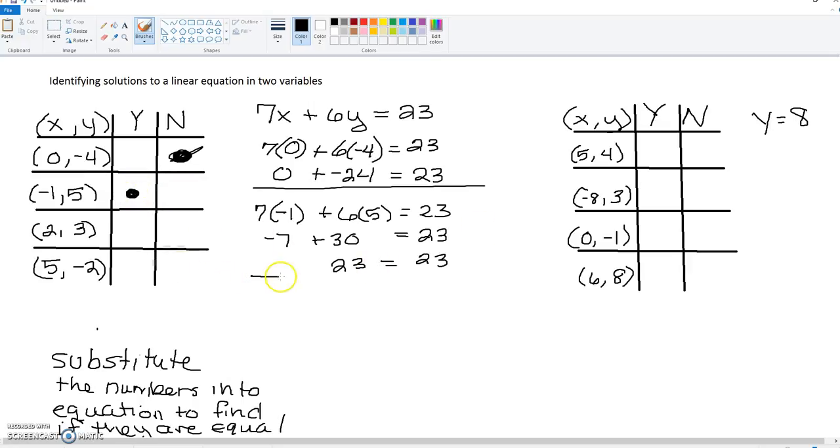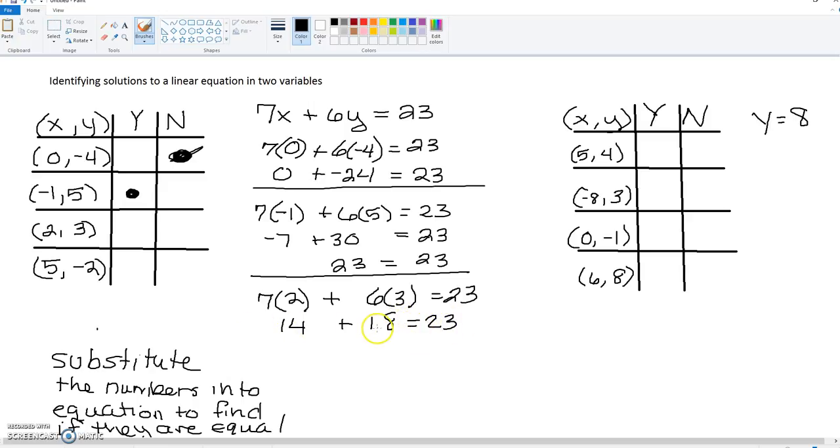Okay, our next one we've got is 7 times 2 plus 6 times 3 equals 23. So 7 times 2 is 14. Plus 6 times 3 is 18.